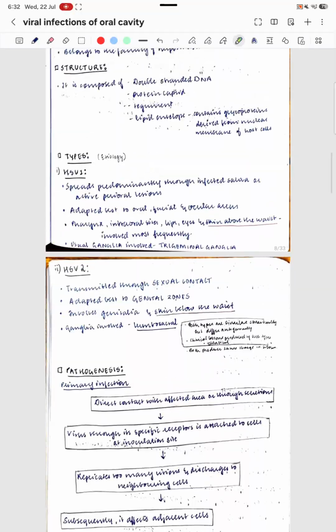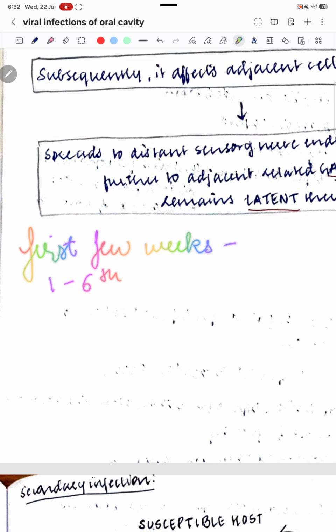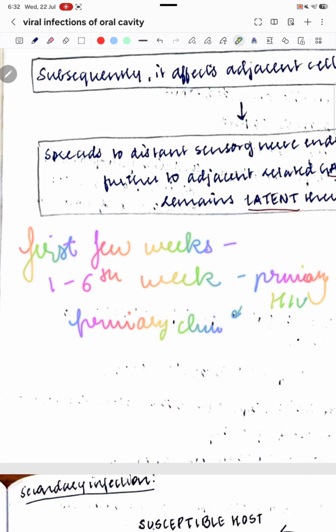So in the first few weeks, that is the first to 6th week, you have your primary HIV, where you have primary clinical manifestations. Then comes your 6th to 12th week.